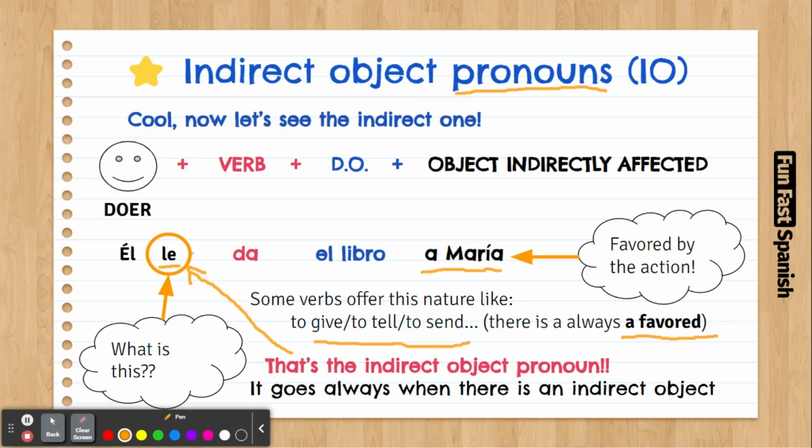This is something you have to understand and acknowledge. We always have to use the indirect object pronoun when we have an indirect object. Yeah, so that's it. That's pretty much it. So you always have to use this in these cases when you have these verbs, when you have two things, two objects.